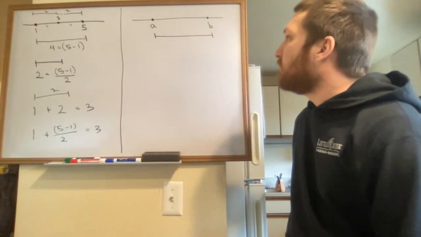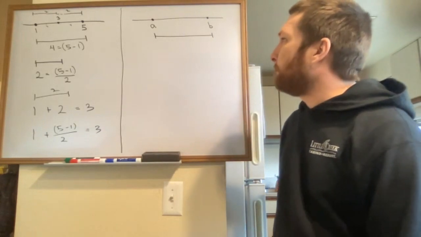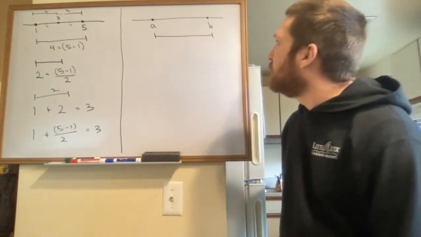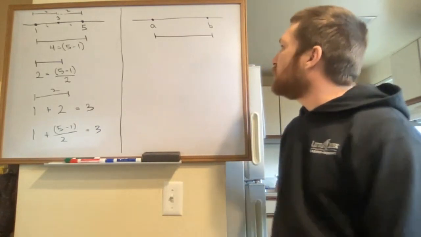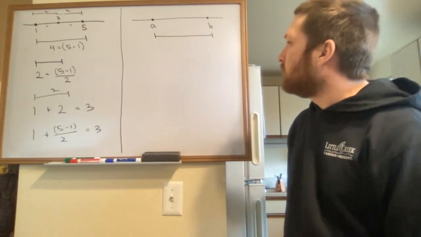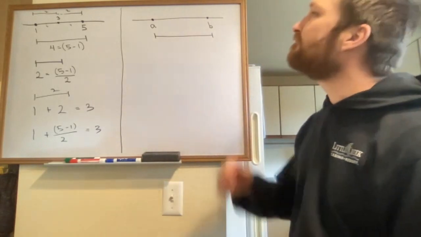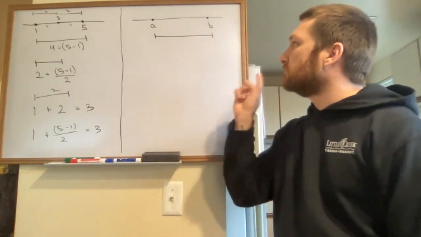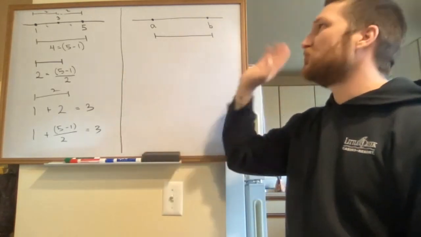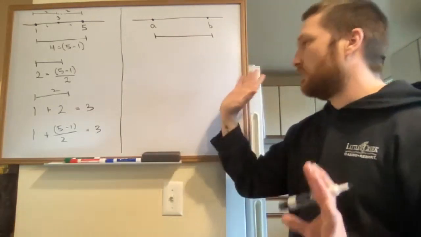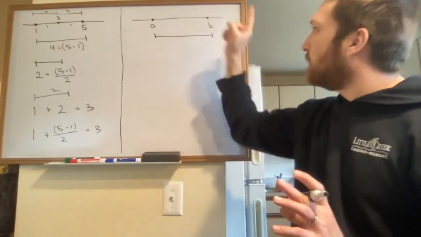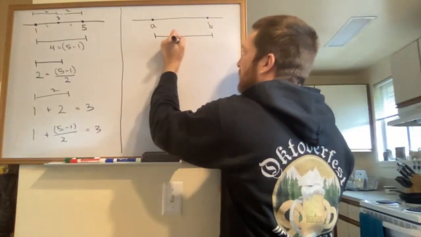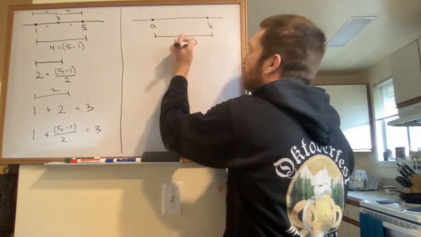Would be B minus A. Exactly, right? Assuming that B is the bigger number, which is how we've drawn it, we just take the big number minus the small number. So this distance right there is simply B minus A.